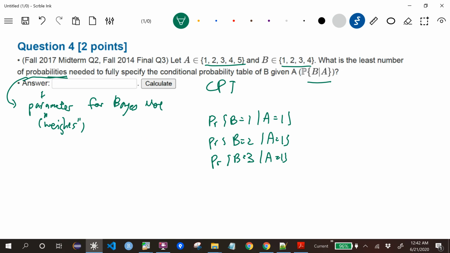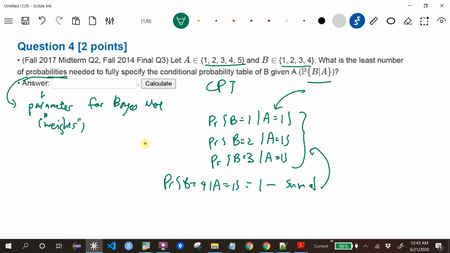So the question is, do I actually need B is 4? And the answer is no, because the probability of B is 4 given A is 1 is just 1 minus the sum of these 3. So basically, given A is 1, we only need to keep track of 3 parameters, so 3 probabilities.